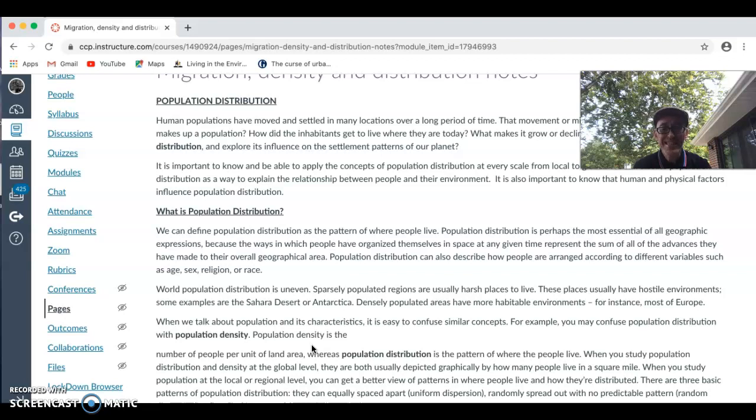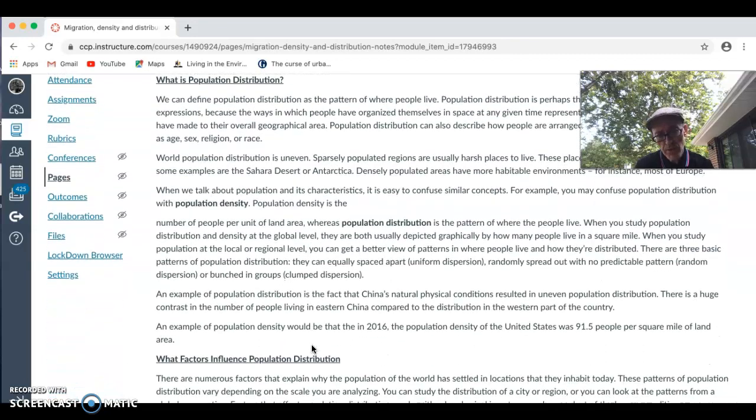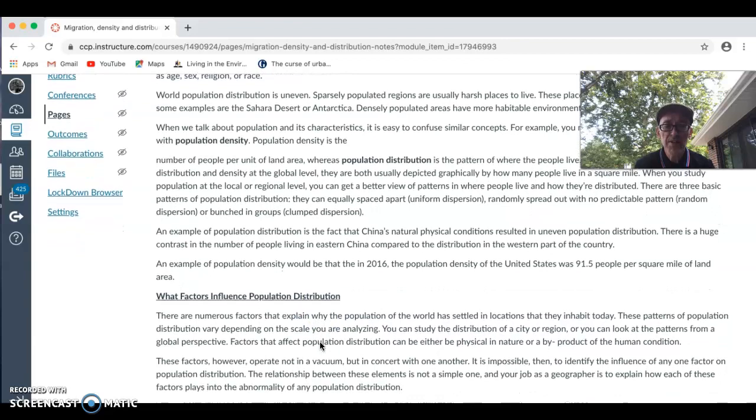Distribution is where people are spread out over the surface. Population density is a measurement of the number of people per square measurement, like square mile, square kilometre, that sort of thing. If you go through these notes, what you might want to do is look at some of the factors that have influenced population distribution, and you can apply this to your country.